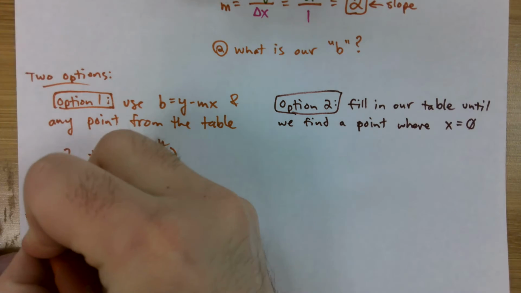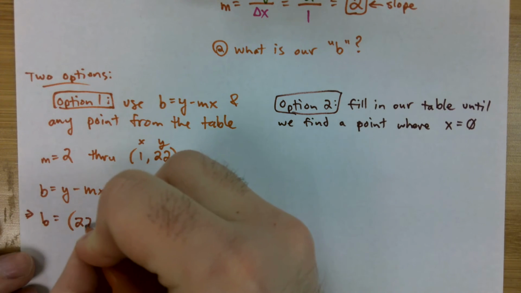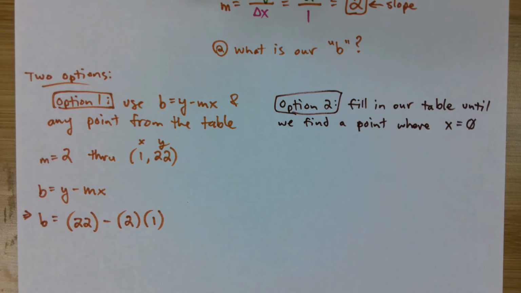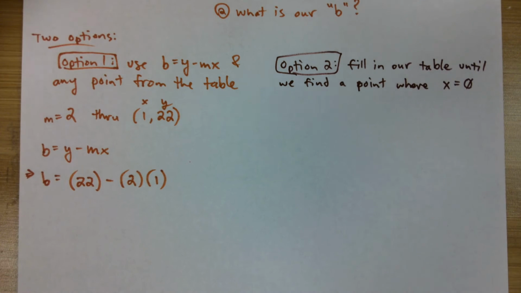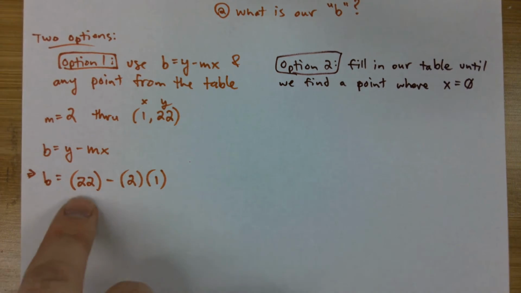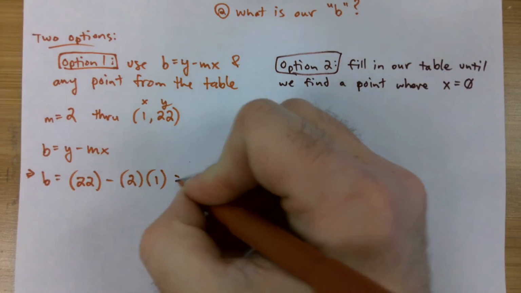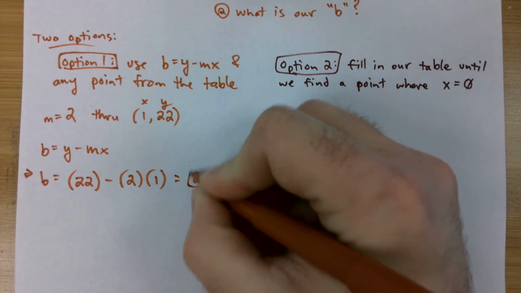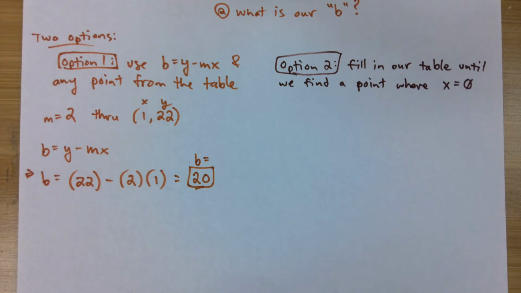So we could write this as B is equal to 22 minus 2 times 1. Two times 1 gives us 2, and 22 minus 2 equals what? 20, right? So with our first option, we found that our b is equal to 20.